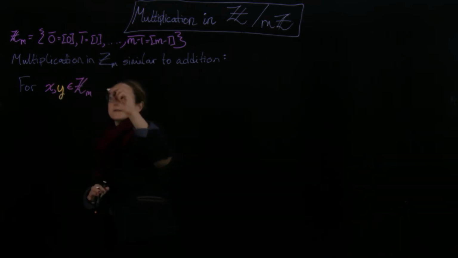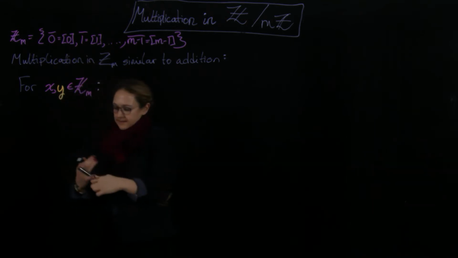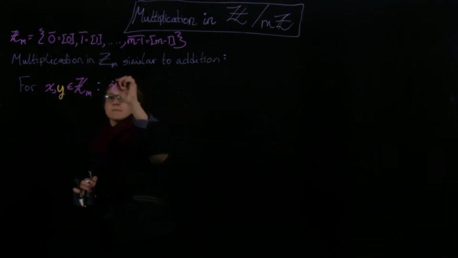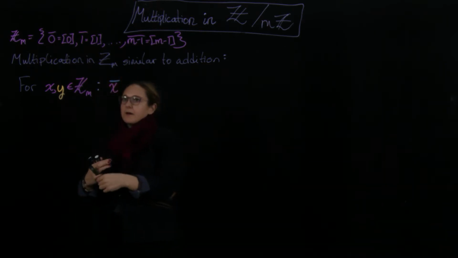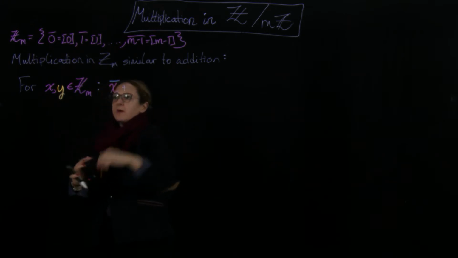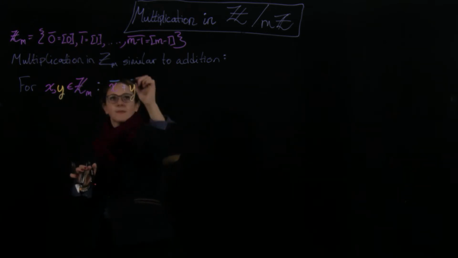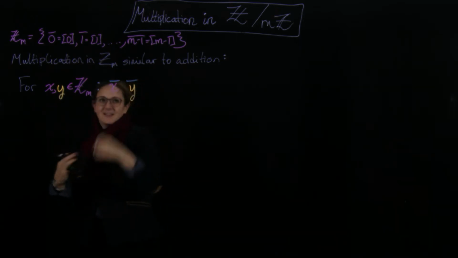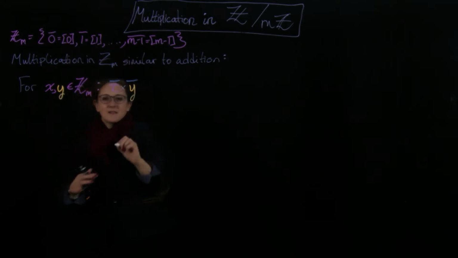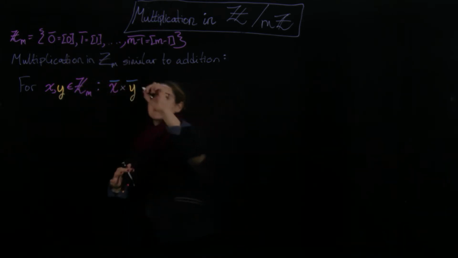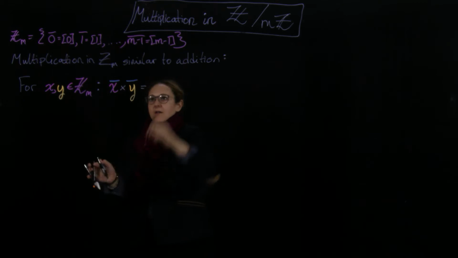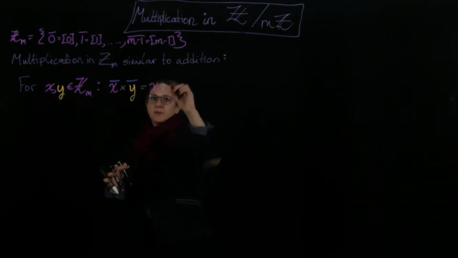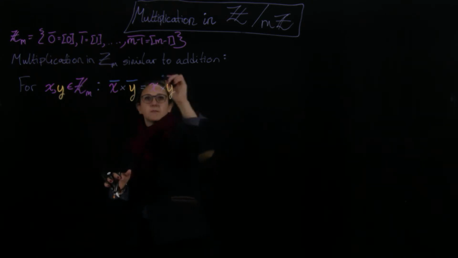Then how do I add these? x bar plus y bar. Sorry, now this is multiplication. This also would work with that. So I'm going to do multiplication with an x. So this is going to equal x times y, and we put the bar on at the end, just like we did with addition.